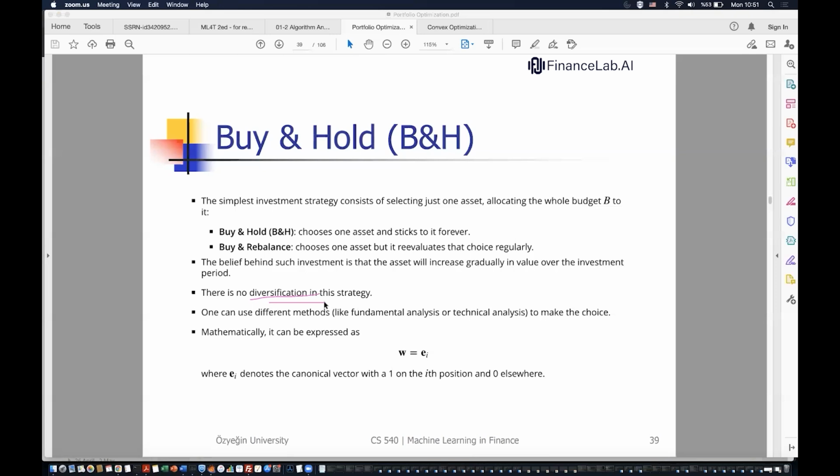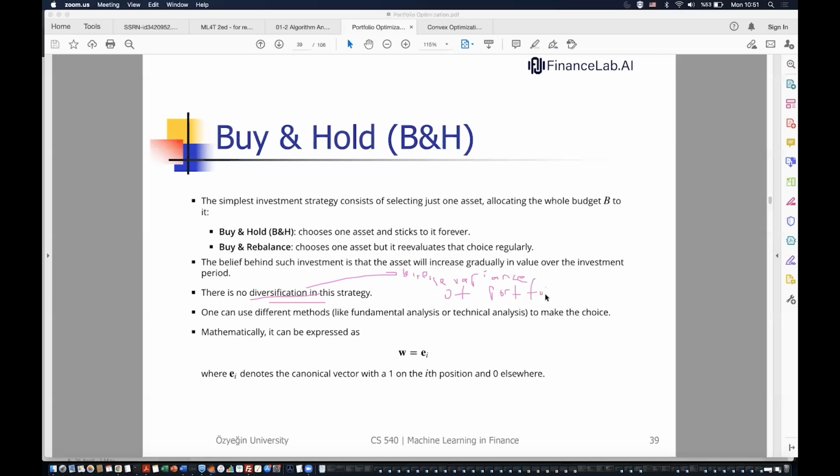Diversification means that by using multiple assets, we are decreasing the variance, decreasing the risk. But in the buy and hold case, there is no diversification.